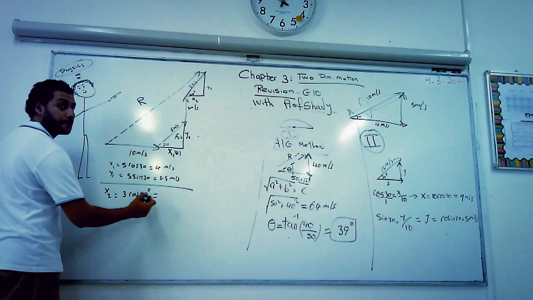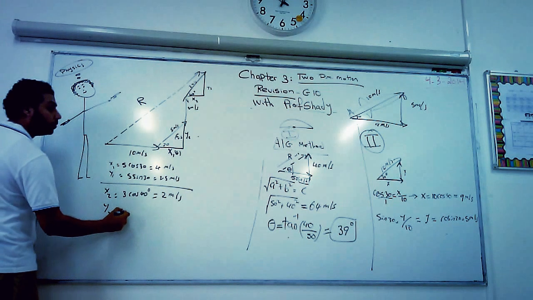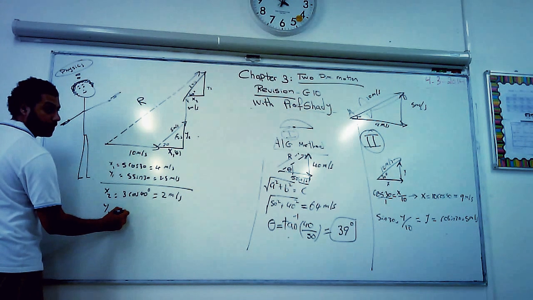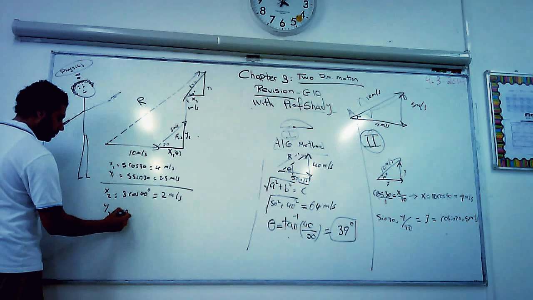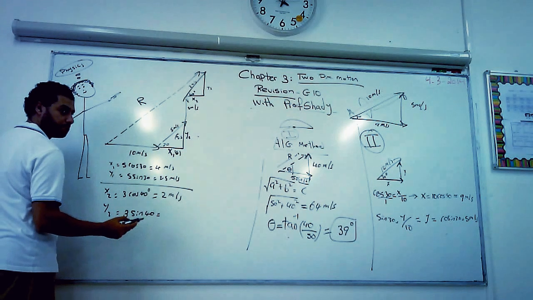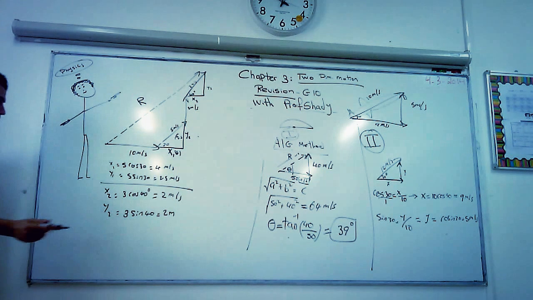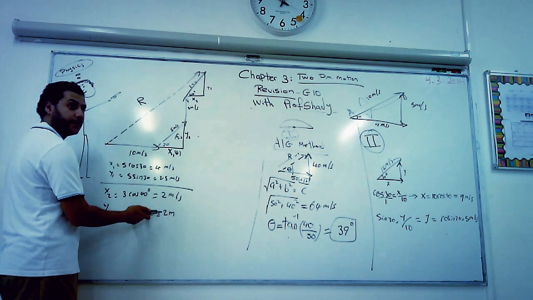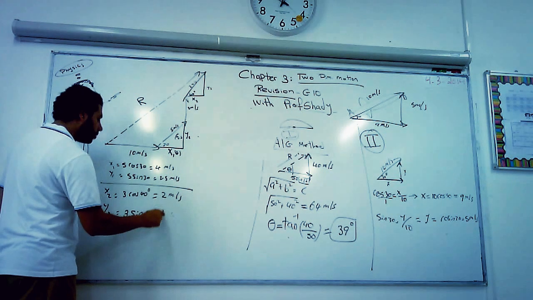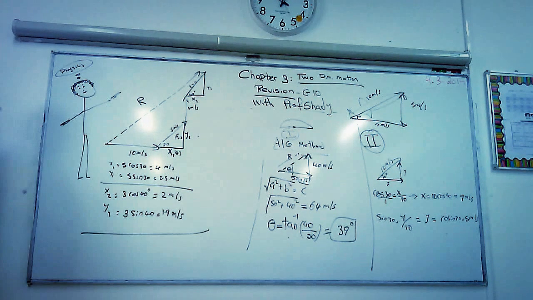How much is that? 2 meters per second. y2 is equal to 3 sine 40. How much is it? 2 meters. Are you sure? No, it can't be. This is not 45. 1.9. Oh, okay. 1.9 meters per second. Very good.